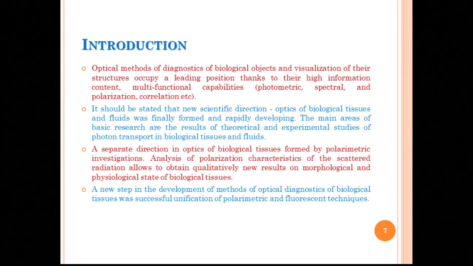The main areas of basic research are the results of theoretical and experimental studies of photon transport in biological tissues and fluids. After that, a separate direction in optics of biological tissues and fluids was formed by polarimetric investigations. It should be stated that analysis of polarization characteristics of the scattered radiation allows us to obtain additional, quantitatively new results on the morphological and physiological state of biological tissues.